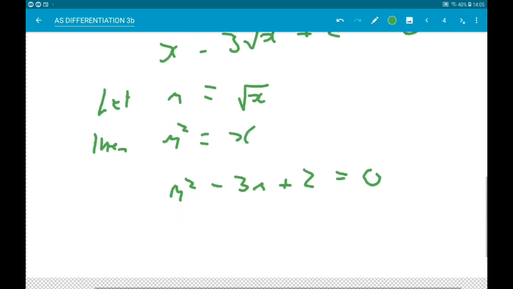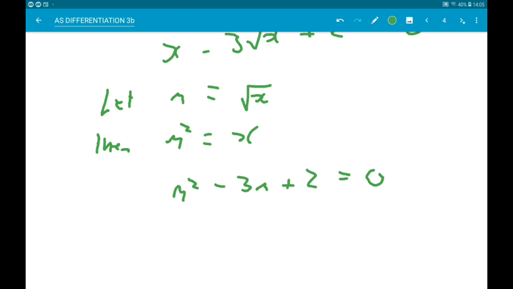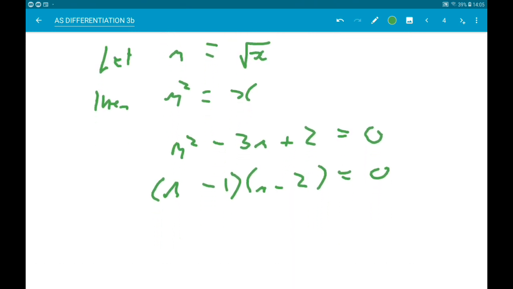Now this factorizes to m minus 1 times m minus 2. So that gives us either m is 1 or 2.